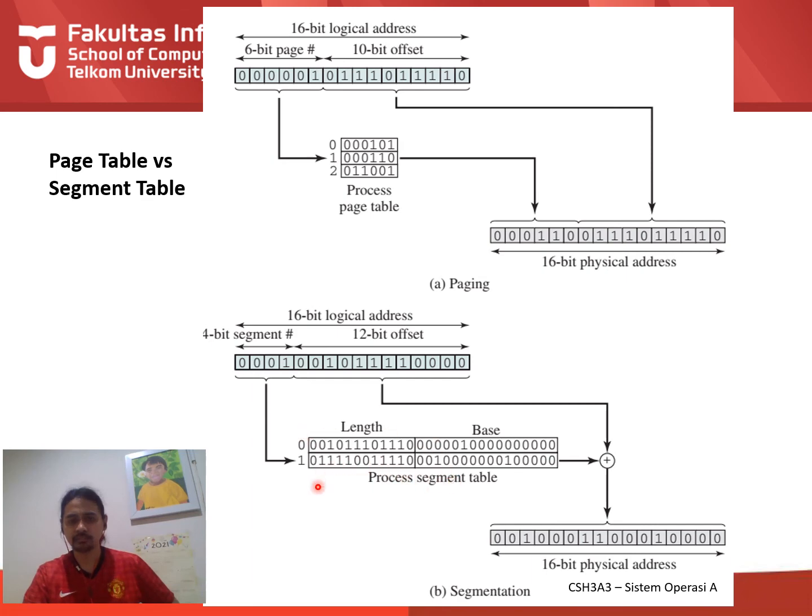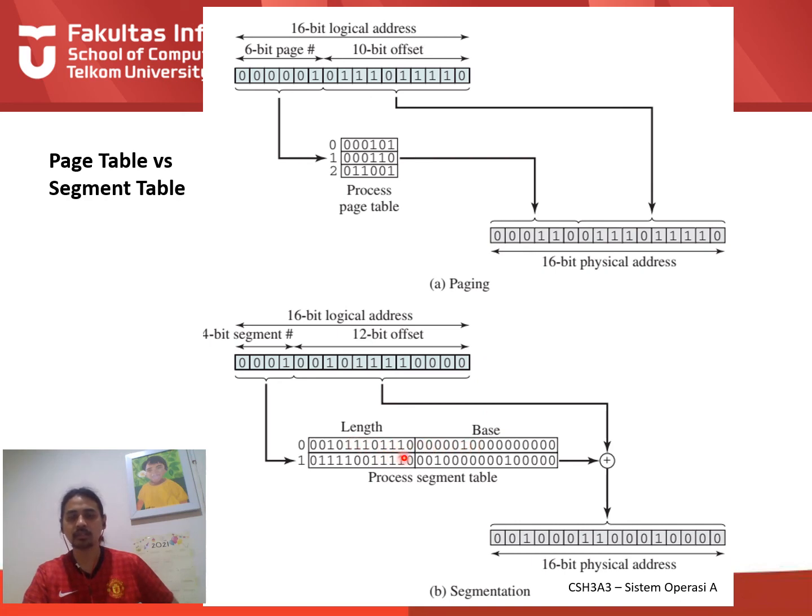So here we see, for example, segment number 0 has the base address here. From this base address we add the logical address, and then we check if it exceeds the length or not.